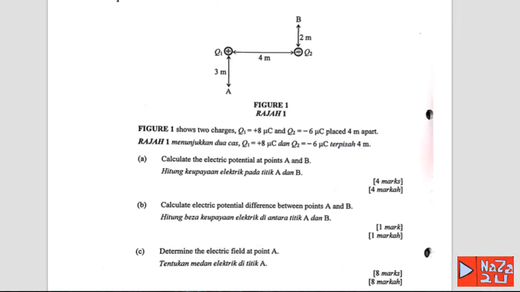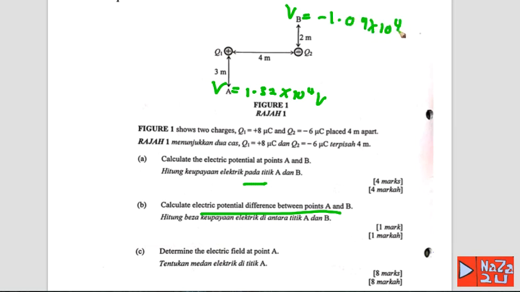Continue to number B. Calculate the electric potential difference between point A and point B. So from the answer of number A, VA here is equal to 1.32 exponent 4 volt, and VB is equal to -1.09 exponent 4 volt.